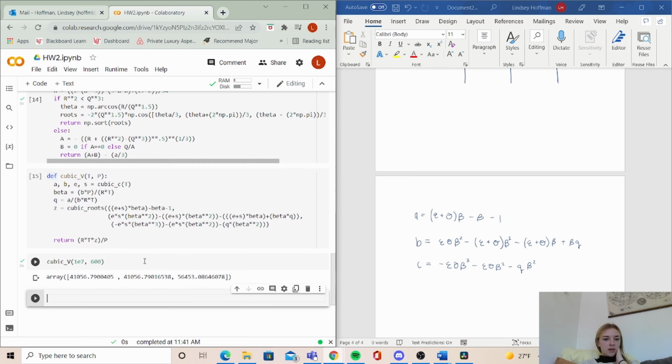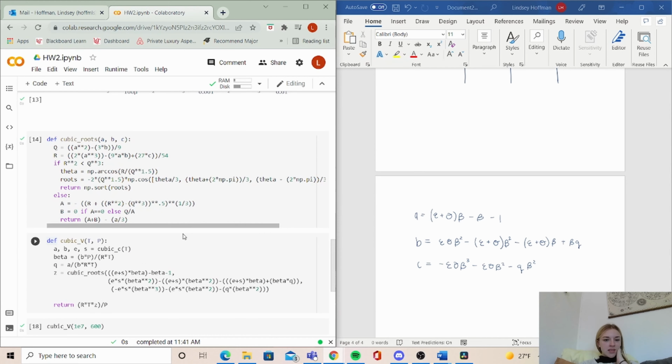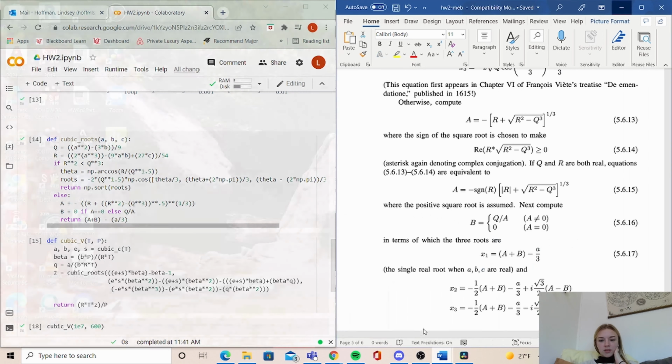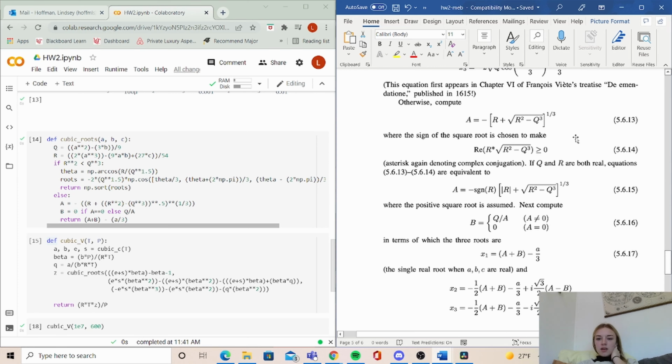So I'm going to look up here and see. We must have something wrong in our cubic roots function up here. I see. Okay, so if we go back to our equation sheet for the Cardano's equation, it looks like I put in this A expression in our else statement, where it should be this A expression here.